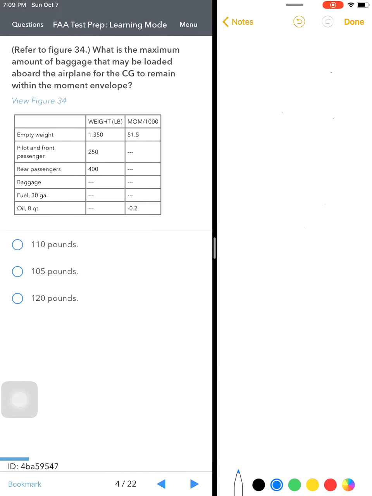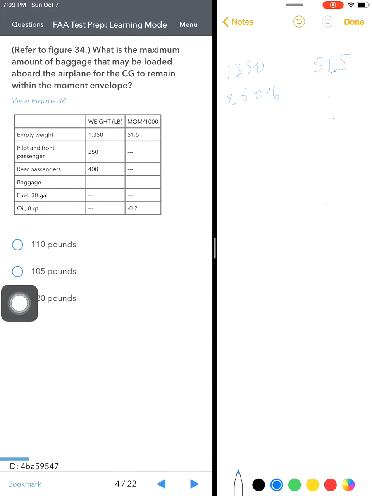Let's say they give us our empty weight, so we're going to jot that down: 1350, and then the moment we have 51.5, and it's in thousands. And then we have pilot and front passengers, weight of 250 pounds, and we don't know the moment, so we'll look for it later on.